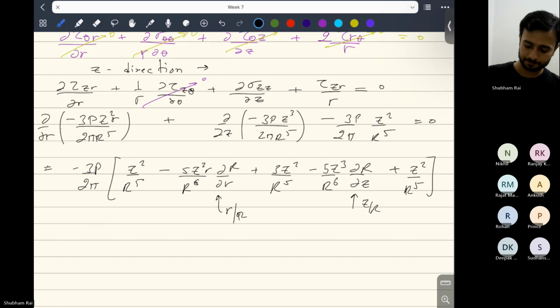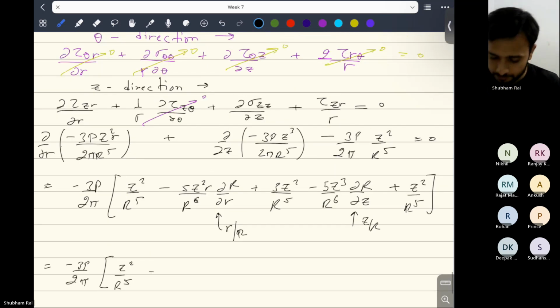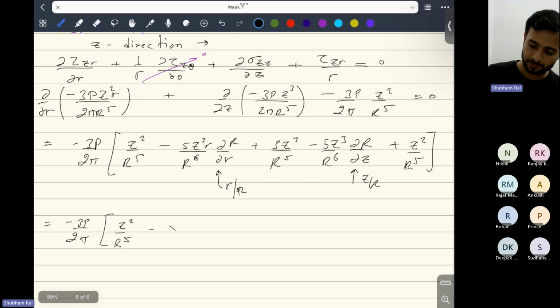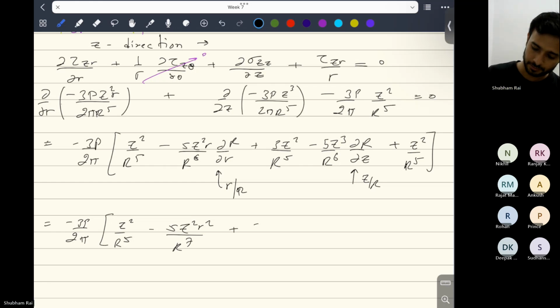Finally, minus 3p over 2 pi, if you substitute in the equations: z square over capital R to the power 5 minus 5 z square r square over capital R to the power 7 plus 3 z square over R to the power 5 minus 5 z to the power 4 over R to the power 7 plus z square over R to the power 5.